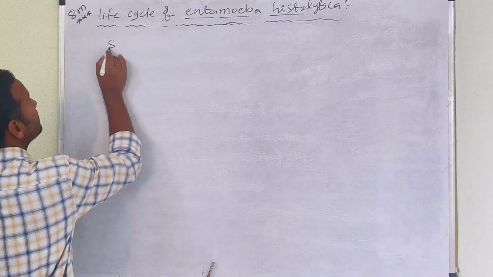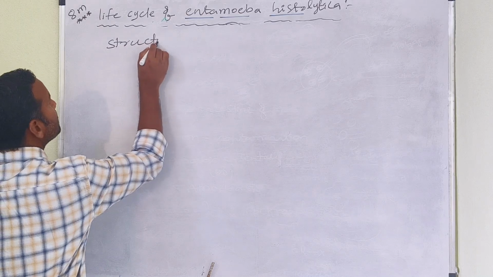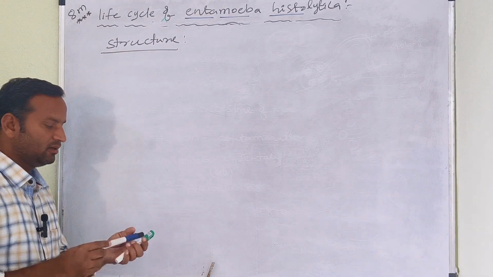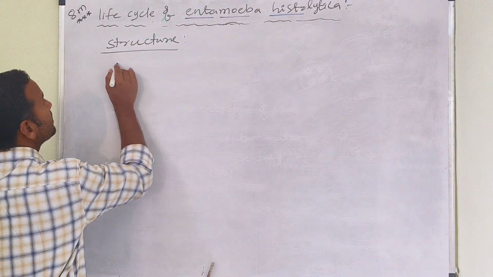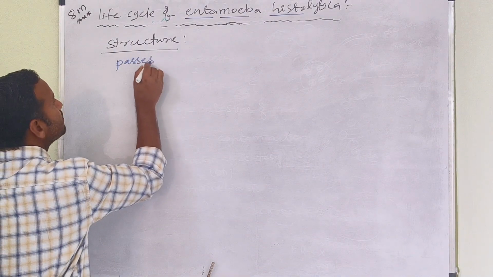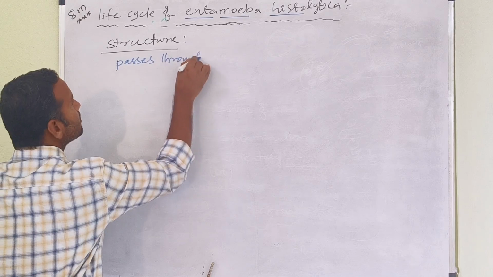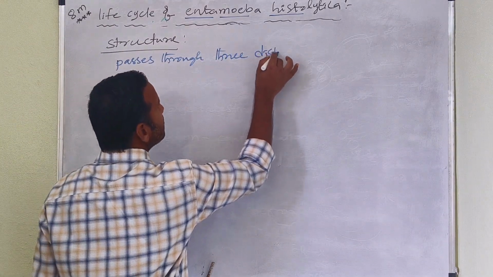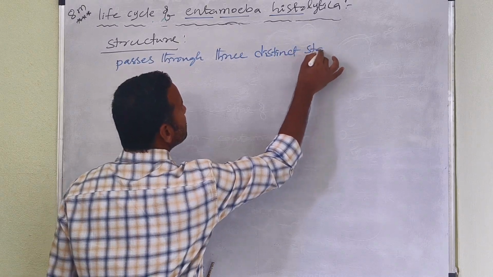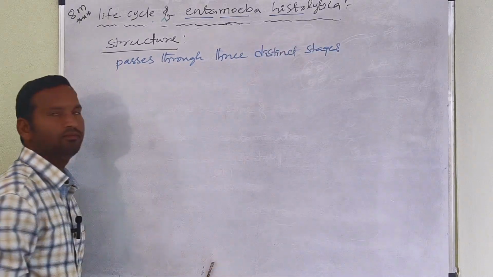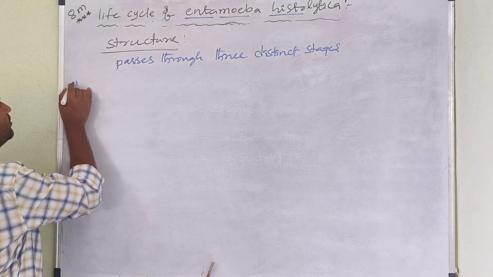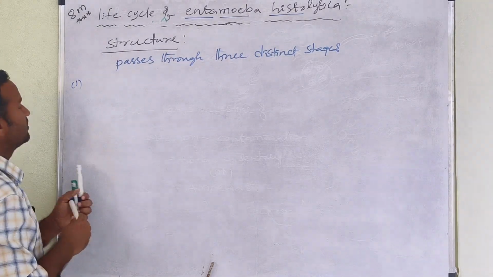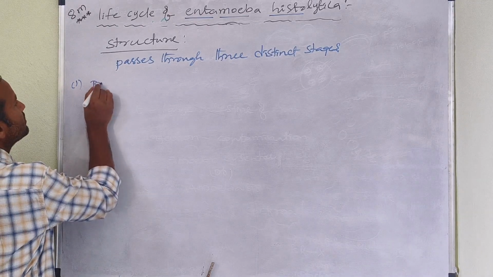Now let us see the structure. Already I told about it just now. Once again, come to the point. It passes through three distinct stages. They are number one, the trophozoite stage.